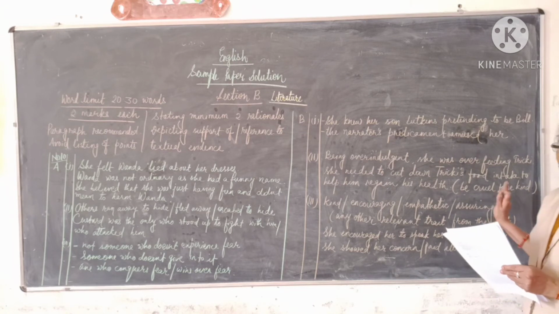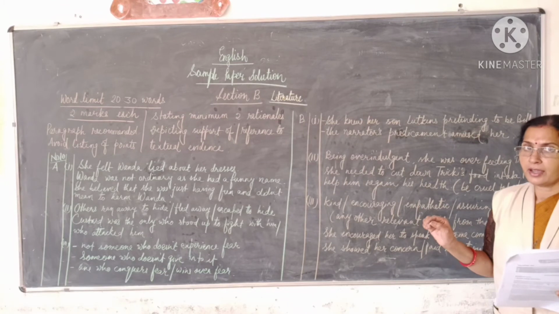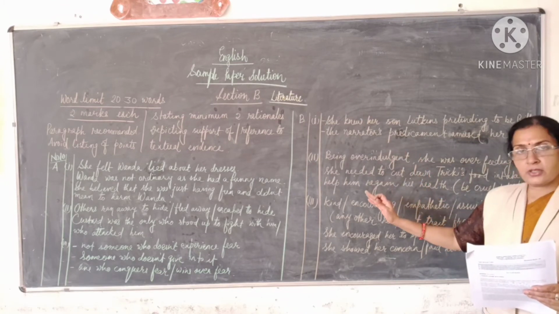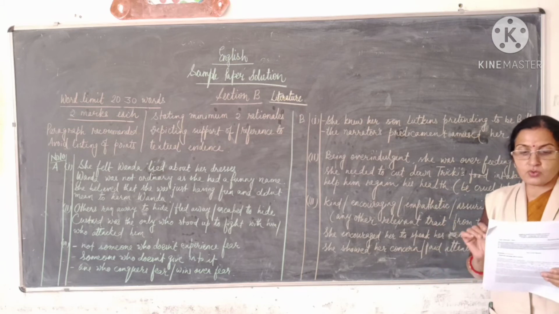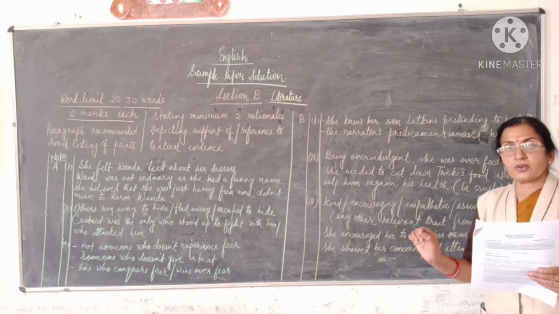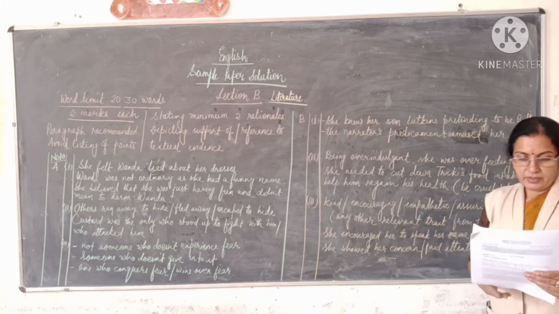Be cruel to be kind. So this way you will write the answer. These 2 points you will take and then prepare the complete answer. Try to understand to be a little cruel in order to be kind. That you need to understand.